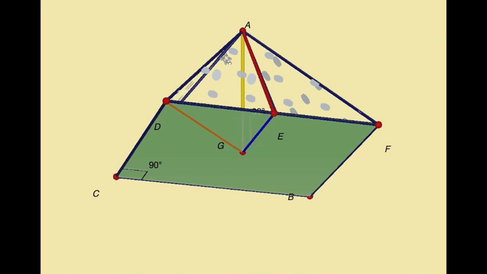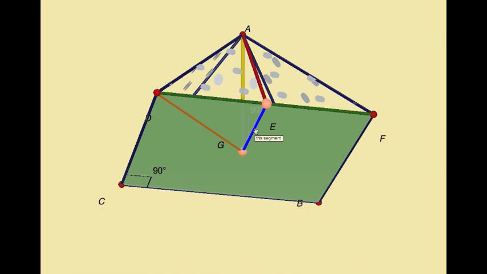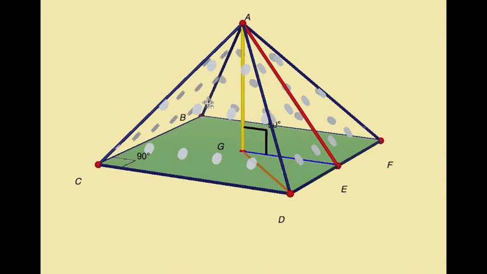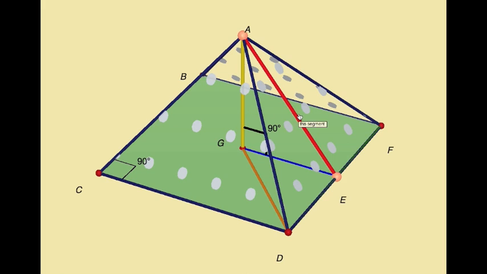Let's see, other things. This blue segment is the apothem of the base. This is the radius of the base. This red segment is called the slant height. The yellow is the height, or the altitude. So it's important to keep those distinct.